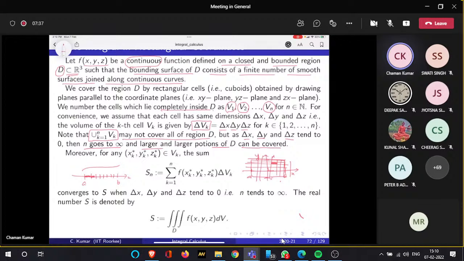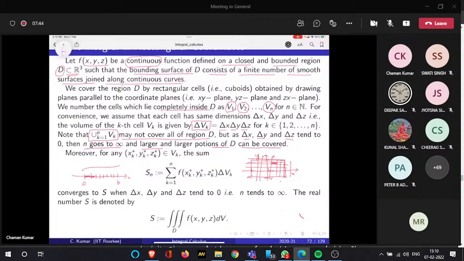And this was a similar situation we had seen for the case of a function of two variables.